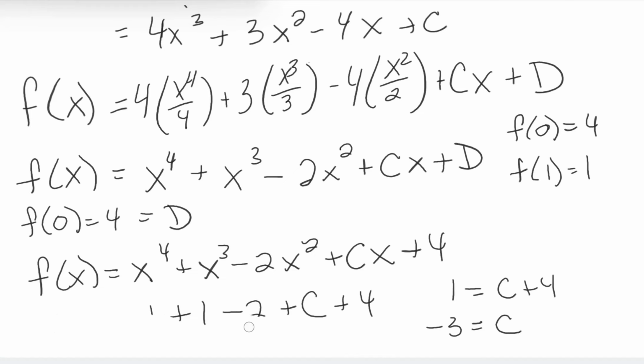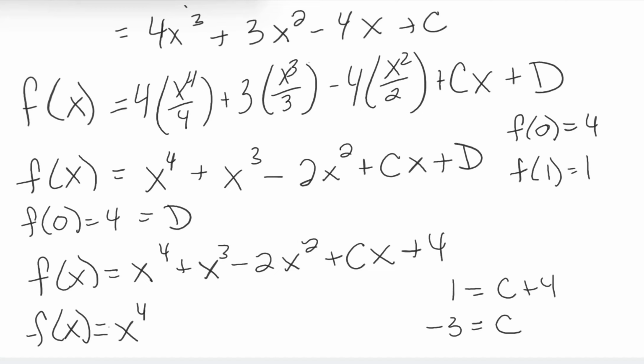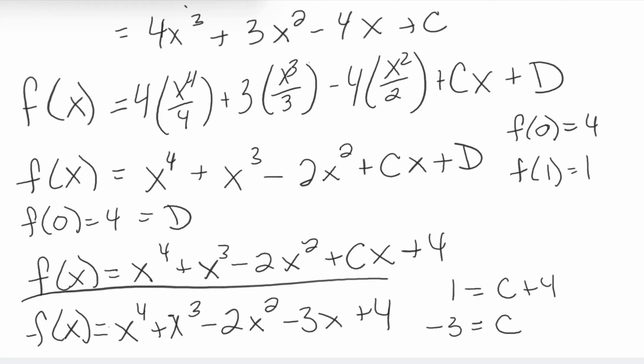And I'm just going to erase this and write the function right underneath it. So my final answer is x to the 4th plus x to the 3rd minus 2x squared minus 3x plus 4. That's my final function.